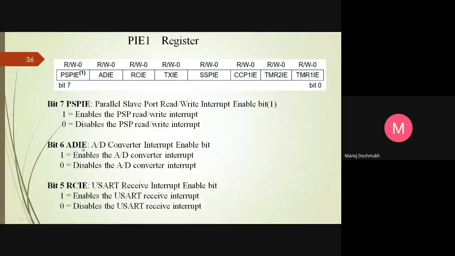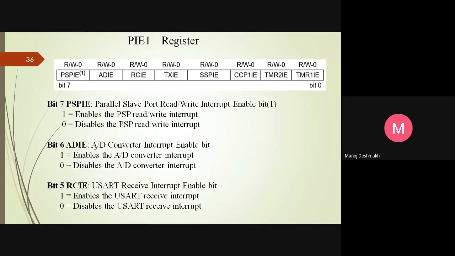Whether the A to D conversion is completed or not, the interrupt is detected at this bit, that is ADIE. ADIE stands for the ADC interrupt enable bit. If it is 0, it disables the ADC interrupt, and if it is 1, we are able to detect the generated ADC interrupt.